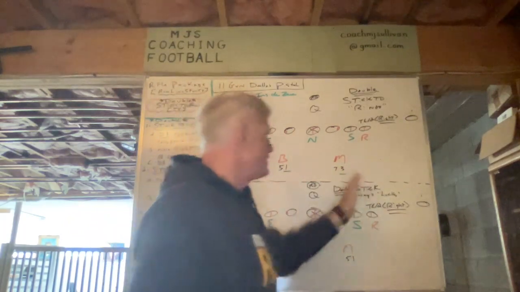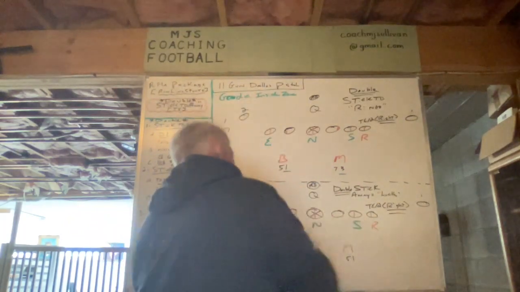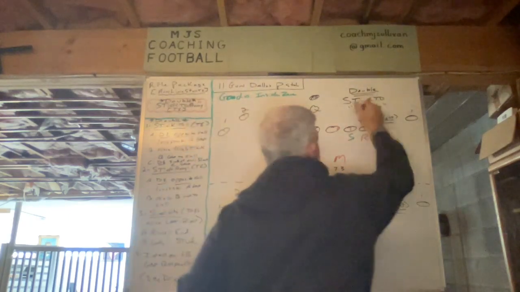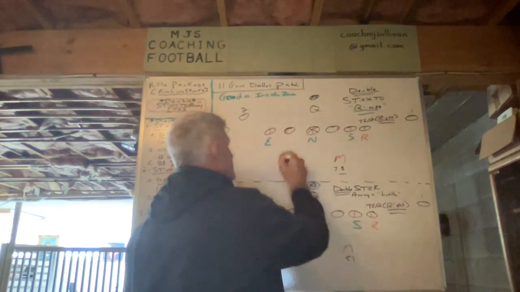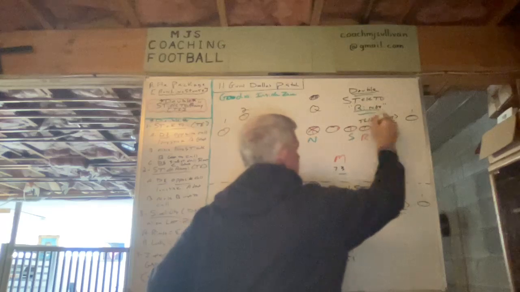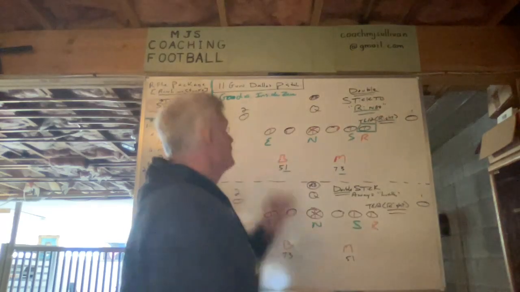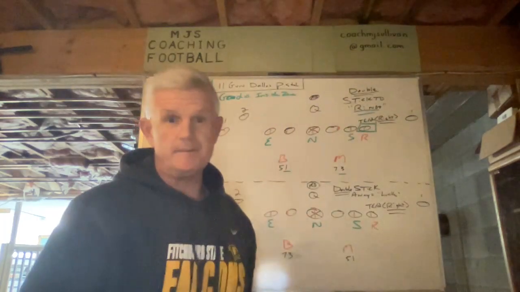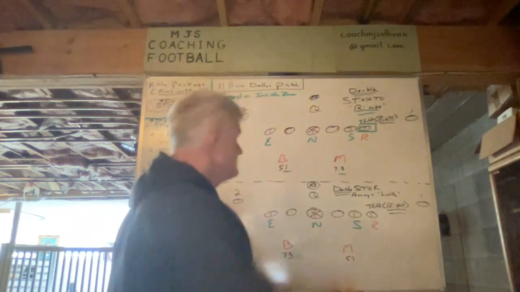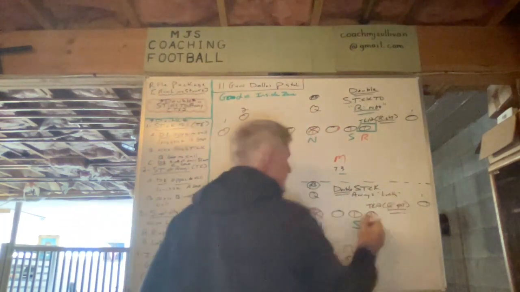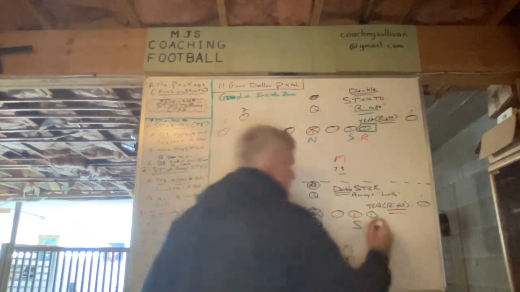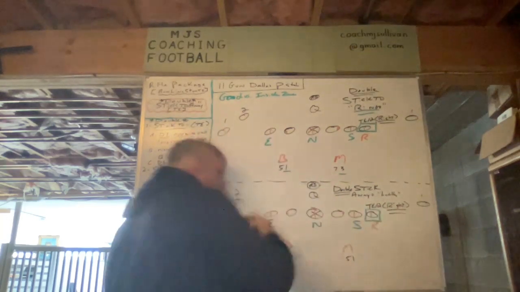On the bottom, it's a double stick away, so we're moving away from the tight end. Okay, so the Ringo call made by the linebackers tells the defensive line we're going to the right. Double stick away, the Lucky tells the defensive line we're going to the left.